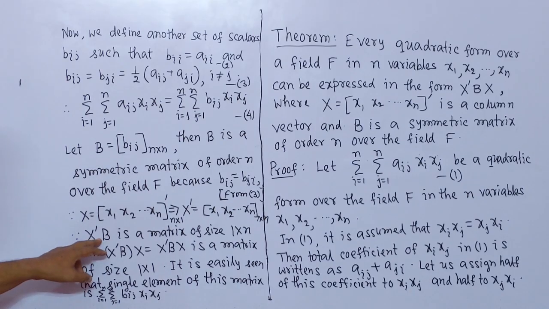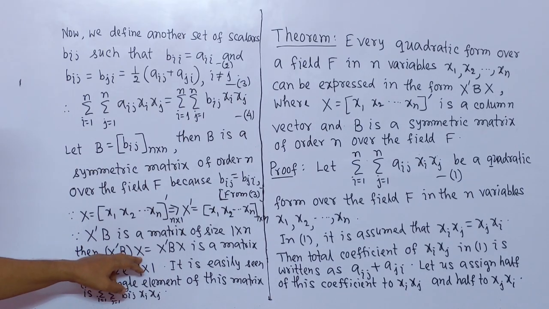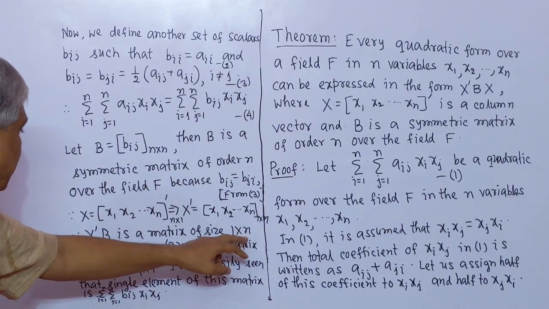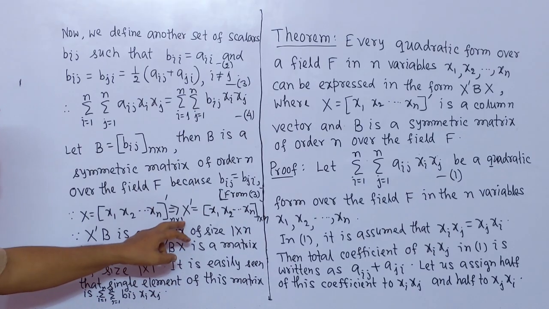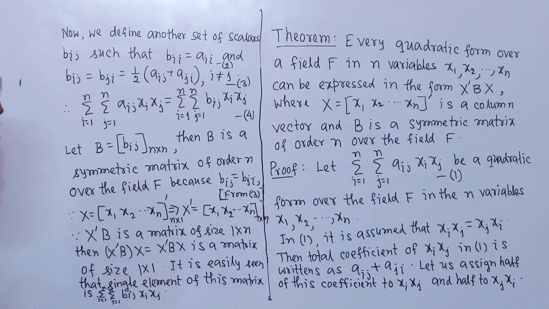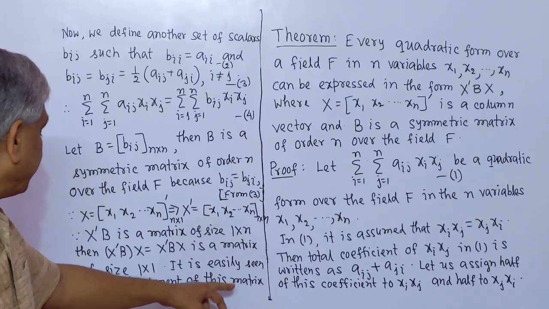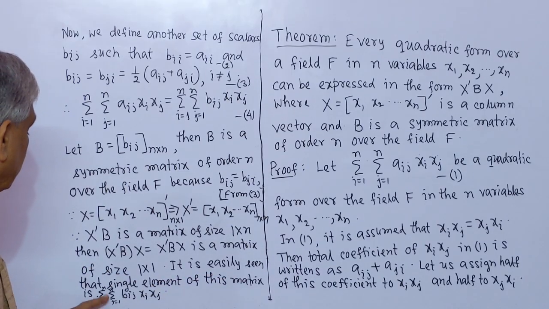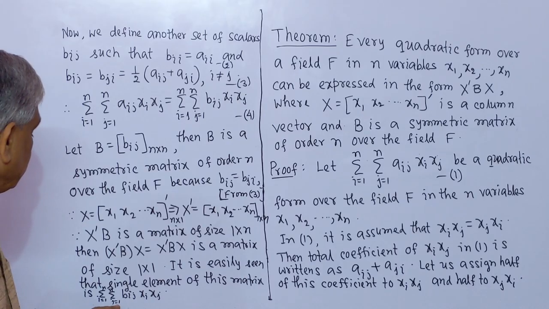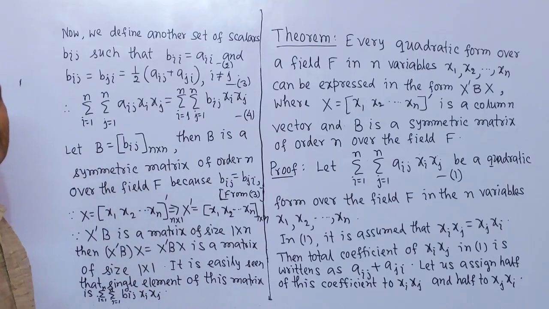Now we multiply with this matrix x. Since x transpose multiply B is a matrix of size 1 by n and x is size n by 1, if we multiply these two, we get a matrix of size 1 by 1. It is easily seen that 1 by 1 means this matrix contains a single element. That single element of this matrix is sigma i equal to 1 to n, sigma j equal to 1 to n, bij xi multiply xj.